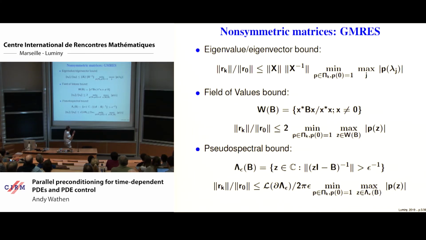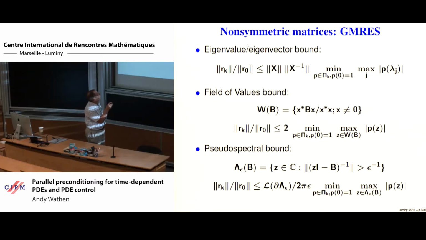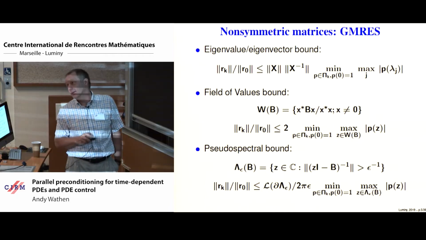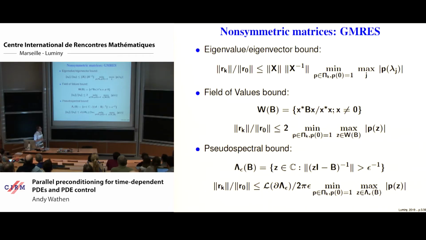So this is the minimum over polynomials, this is the constraint condition, and the max over lambda_j are the eigenvalues. The difference you can see here is you simply don't have this factor if you've got self-adjoint problems. This is just one. And so you just have to worry about eigenvalues and whether you can get polynomials of low degree which are small.